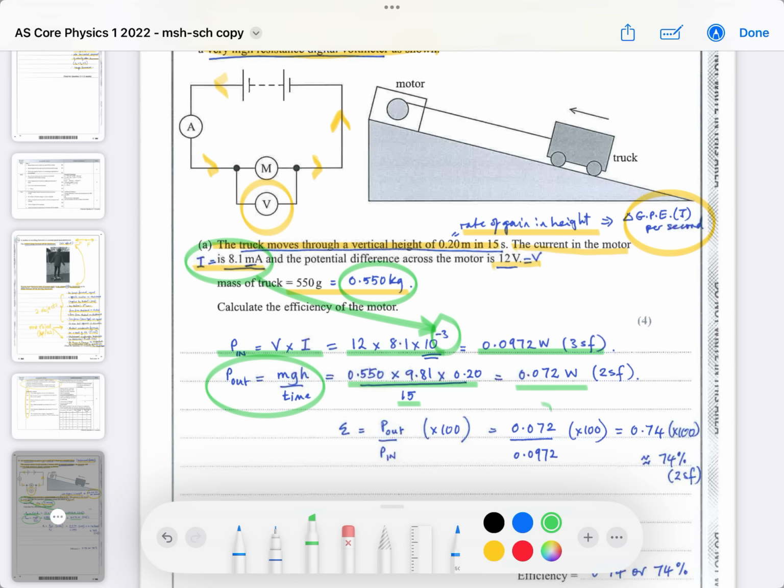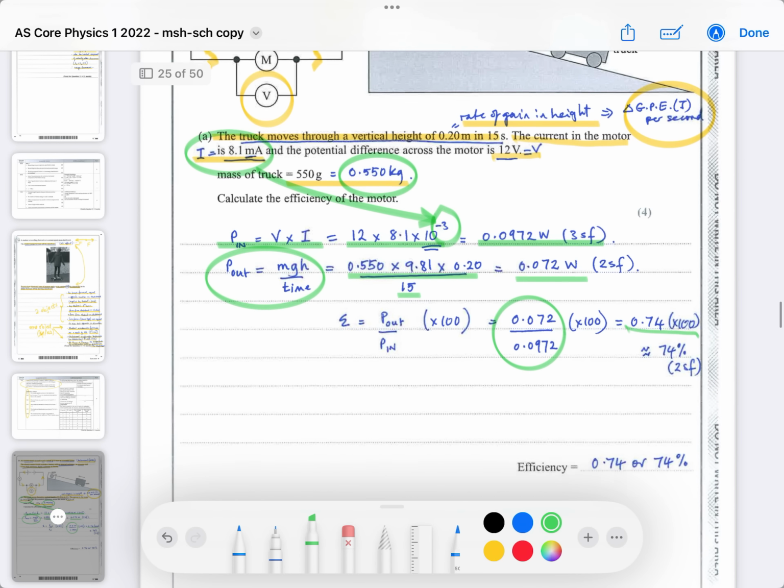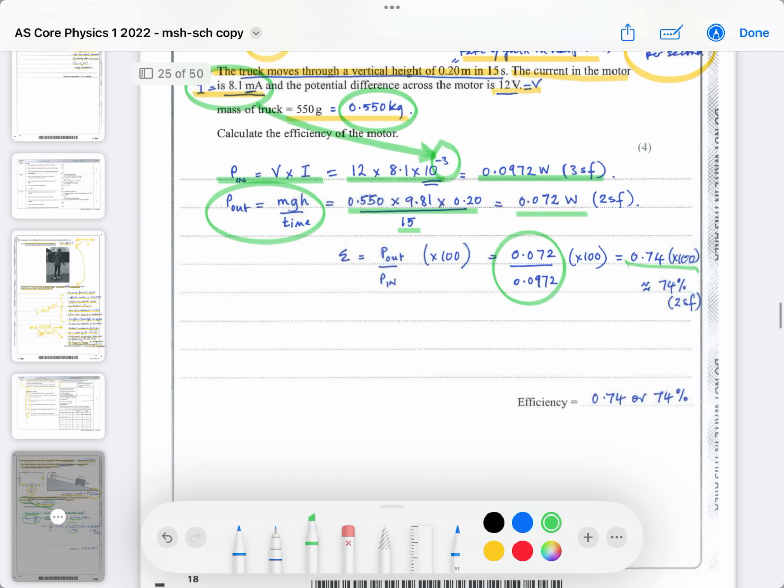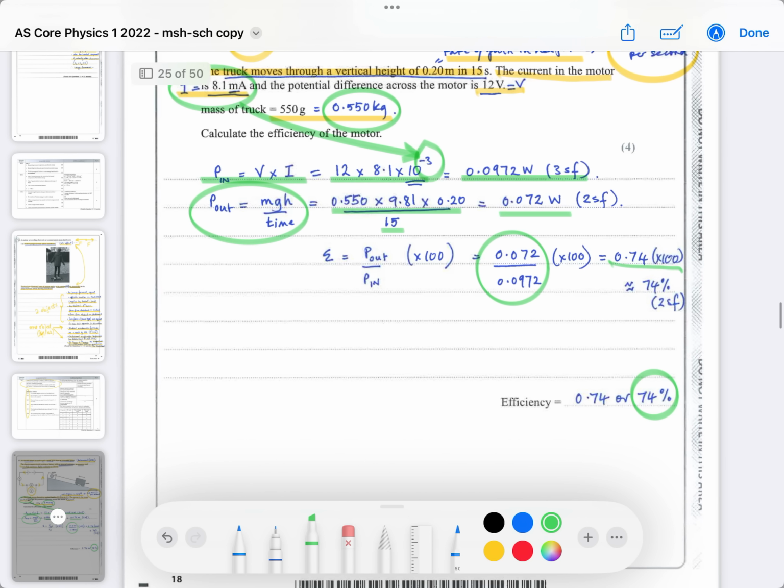To work out the efficiency, you put your output divided by your input, and you get 74%, or 0.74 efficiency. Efficiency can be a fraction or a decimal; it doesn't have to be in percentage terms. But if they ask for percentage, you will be expected to give a percentage. So be careful when you're reading questions.